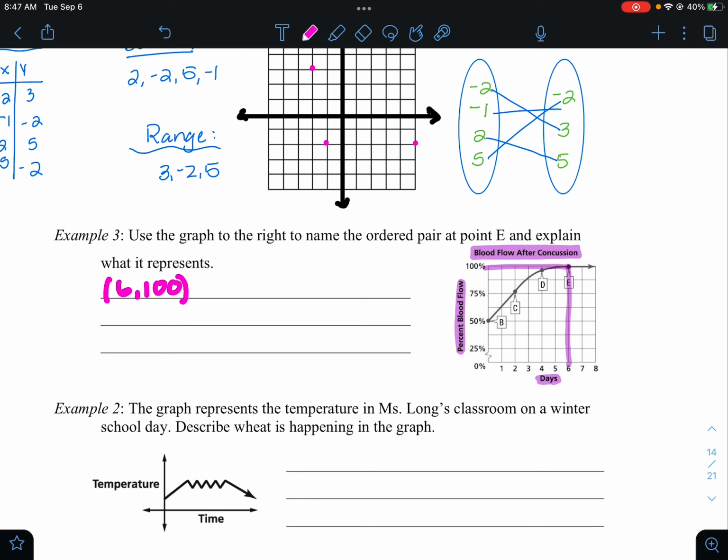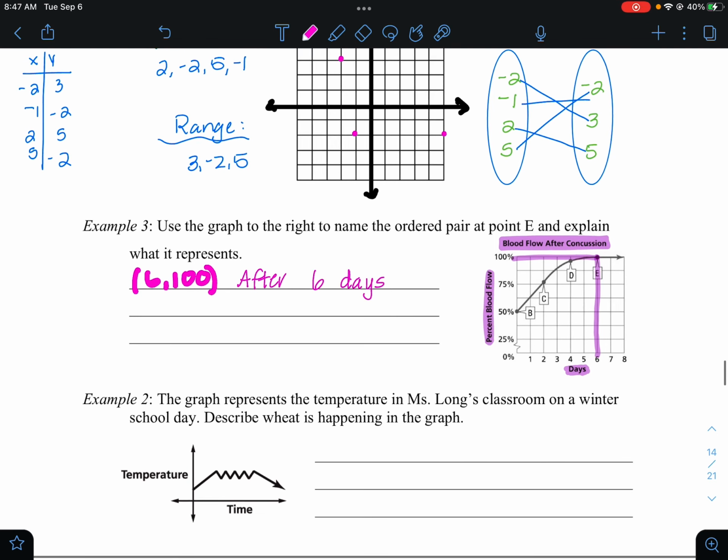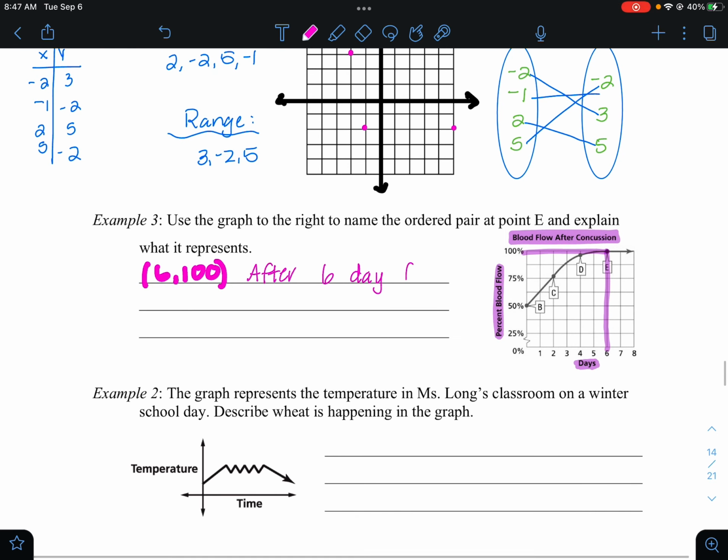And what that means is after 6 days from a concussion, you should have 100% blood flow.